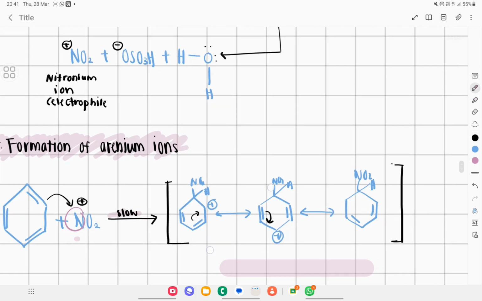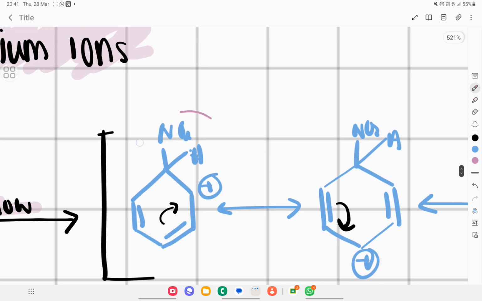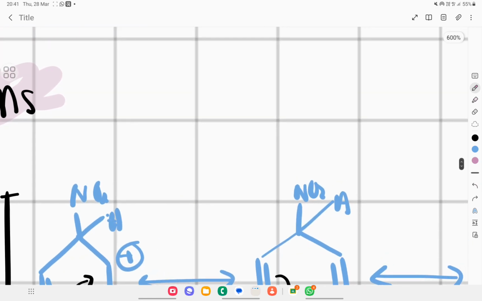Because it attacks the end right here, there are going to be two groups attached to the benzene ring, and the benzene ring itself has a positive charge right here. And there's another one here with a double bond O and a single bond O, where we have three lone pairs, and it gives only two lone pairs, and right here is a positive charge.